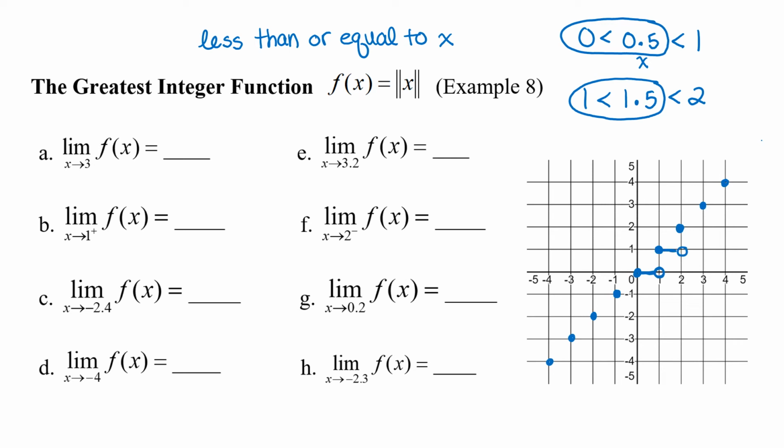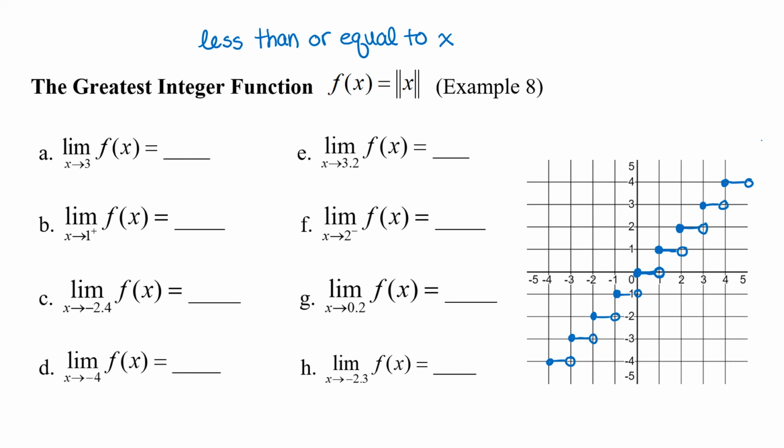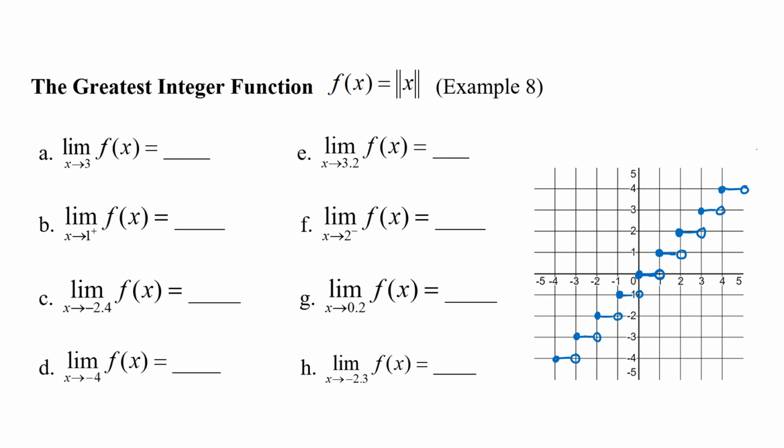Then as soon as we reach 2, we start outputting 2. And this is how it's going to continue along our graph. And the graph makes it much, much easier to actually evaluate each of these limits. So let's put the graph to good use to evaluate the limits.